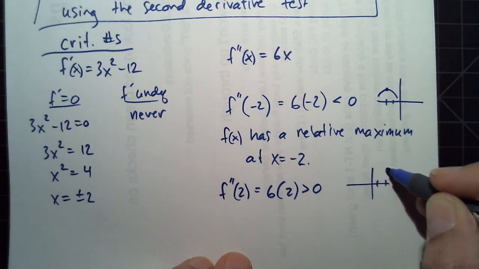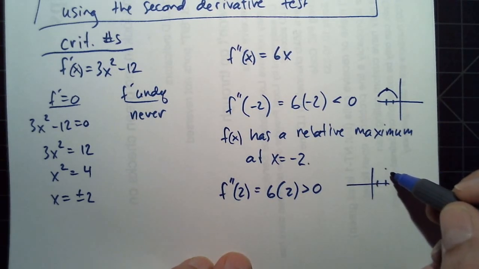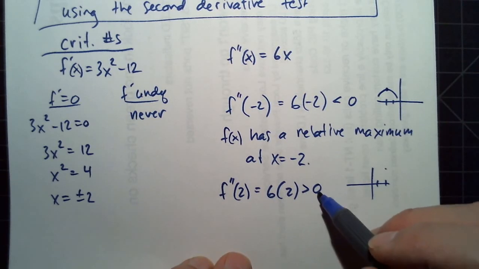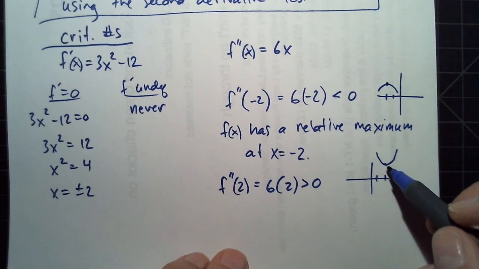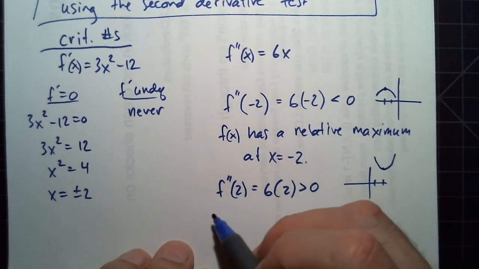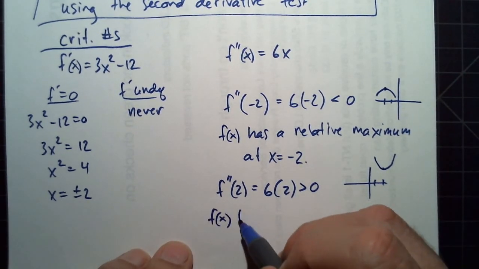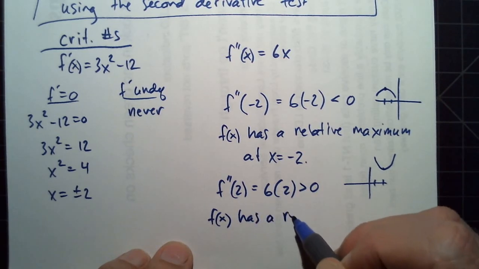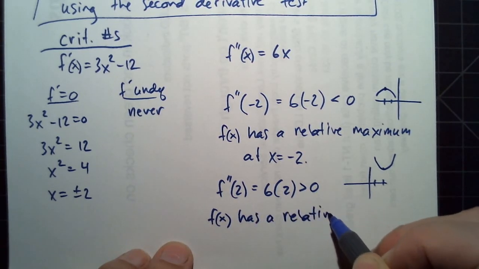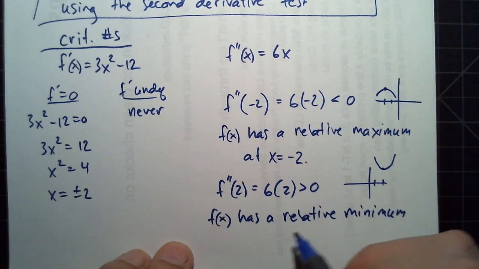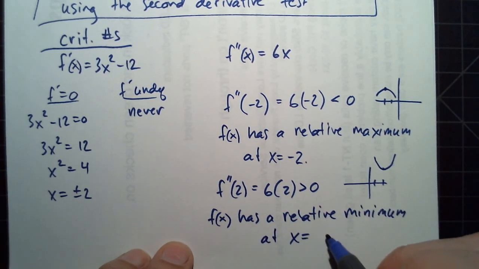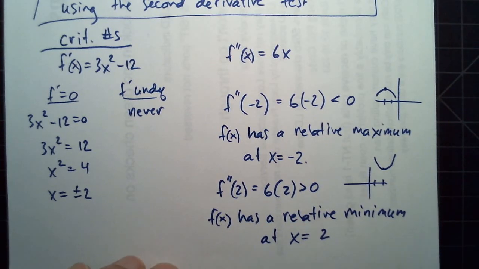So at positive 2, we have a critical point, and the curvature is positive, so it's curving up. And that means we have a relative minimum. All right, and we'll stop there.